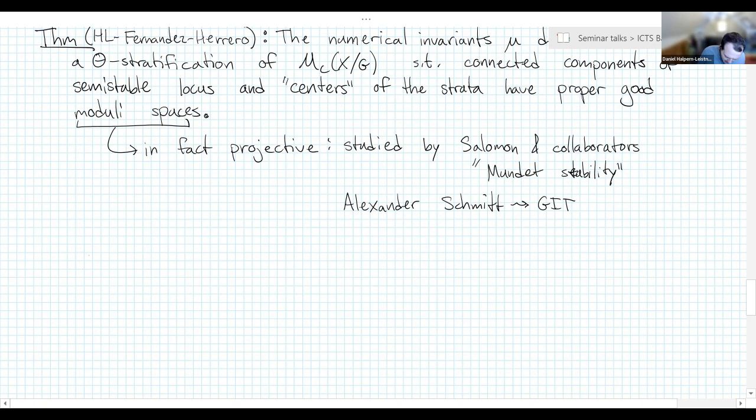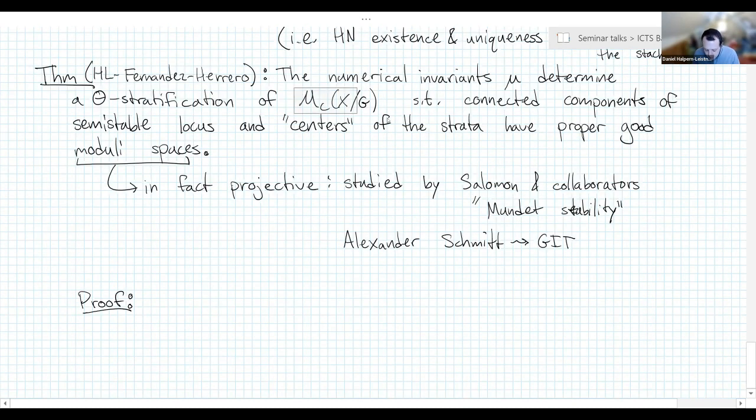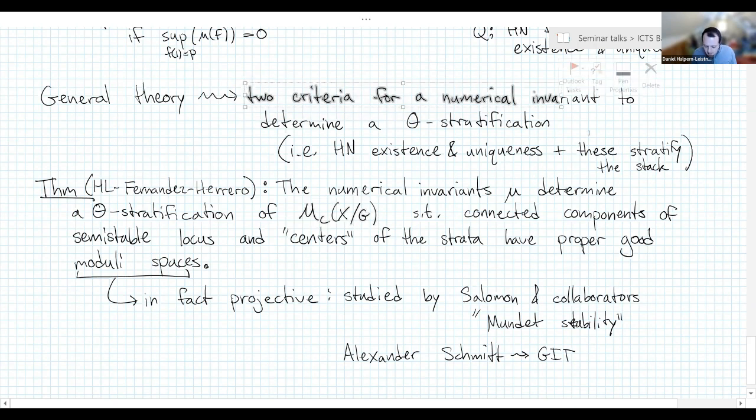So the proof, one step of the proof is a kind of general uniformization theorem. So you can realize this as a sort of infinite global quotient of a generalization of the affine Grassmannian by a sort of algebro-geometric analog of the gauge group. So that presentation of this moduli problem allows you to verify one of the two criteria I mentioned that there are for the numerical invariant to give you stratifications.